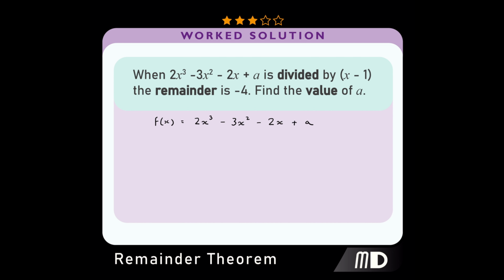If we divide by x minus 1, then substituting 1 for x into f of x, we get the remainder minus 4. So f of 1 is equal to minus 4.